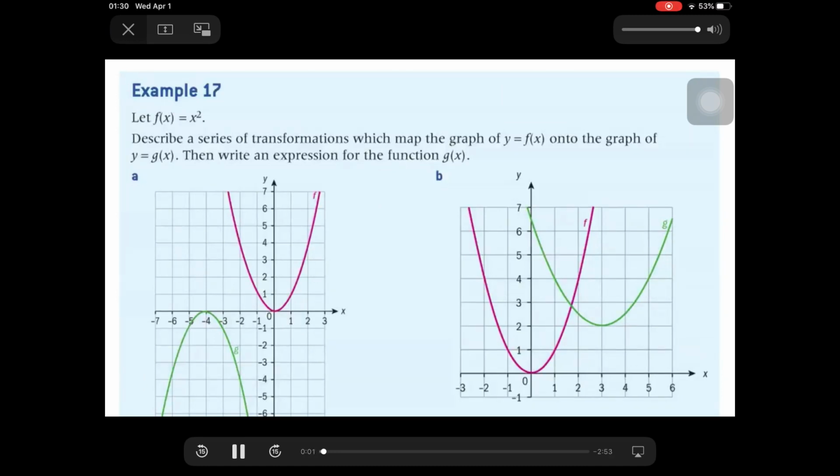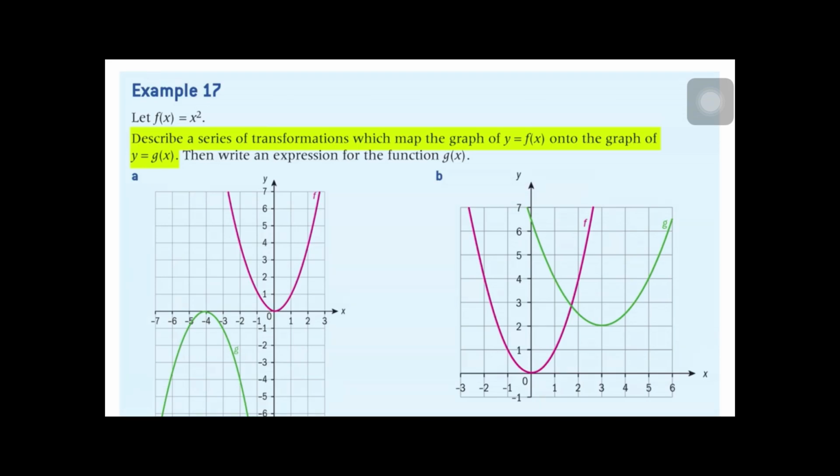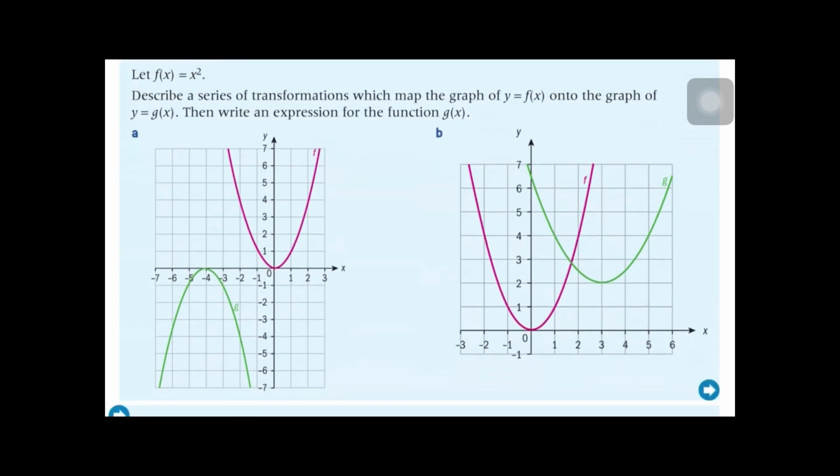Part A. To describe the series of transformations which map the graph of y equals f of x onto the graph of y equals g of x, where f of x equals x squared, first consider the vertices of both graphs. You can see that when the vertex of the graph of f, 0, 0, is translated 4 units left, it coincides with the vertex of the graph of g, negative 4, 0.